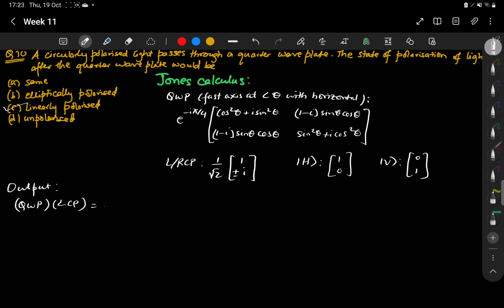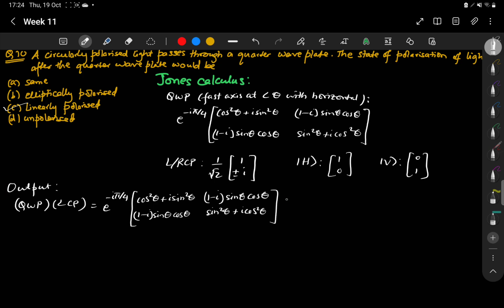So this gives me e to the power minus i pi by 4 for the quarter wave plate, times the vector for left circular.